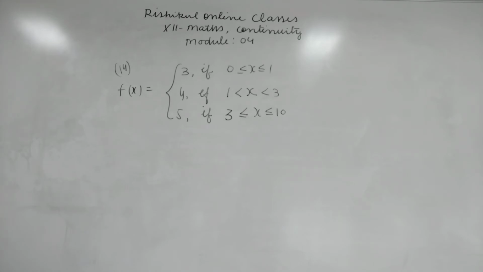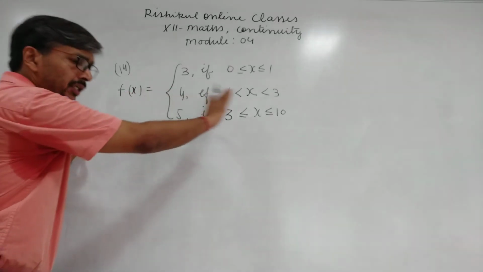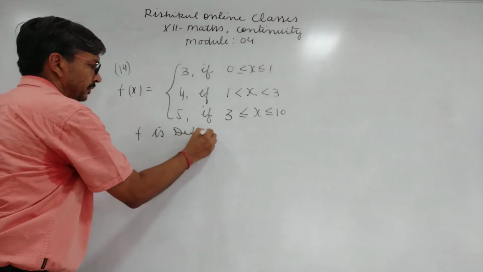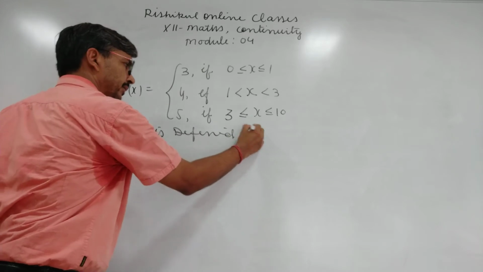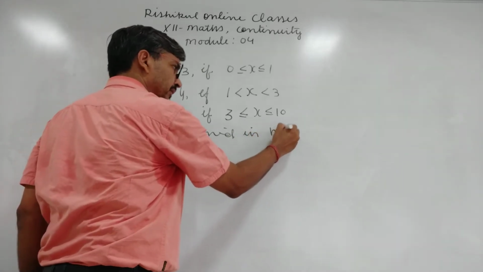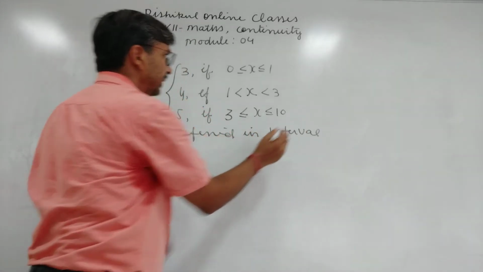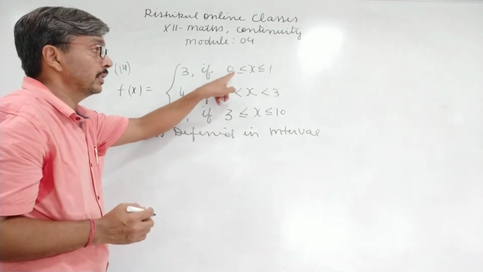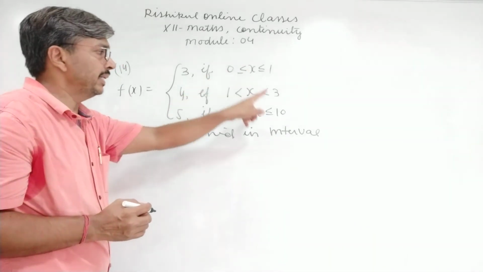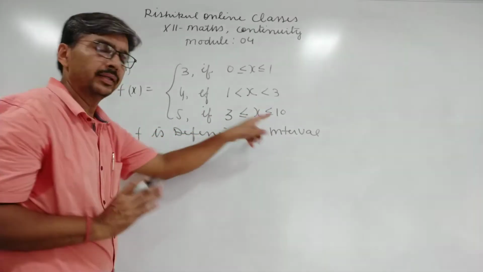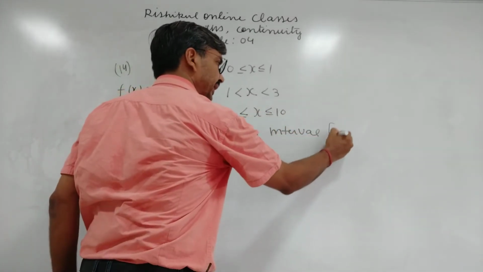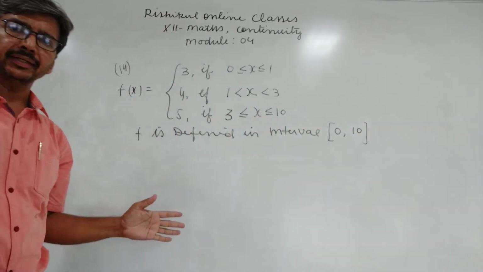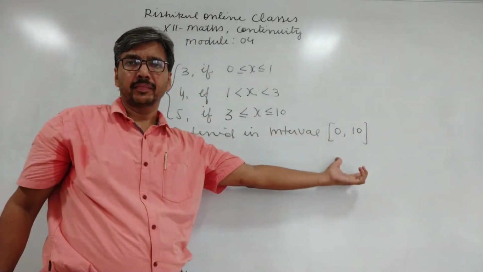First of all, we see that the function f is defined in the interval: x greater than or equal to 0 here, and here x less than or equal to 10. It means this is the closed interval 0 to 10. The function is defined in this interval.